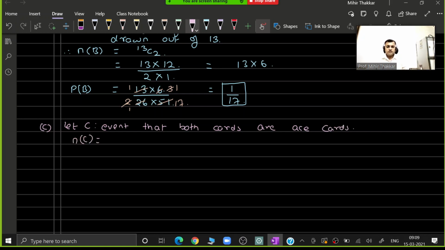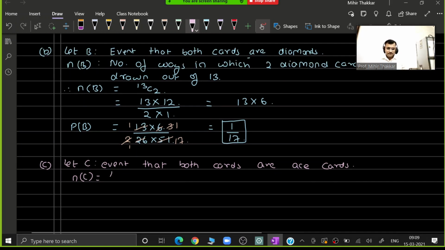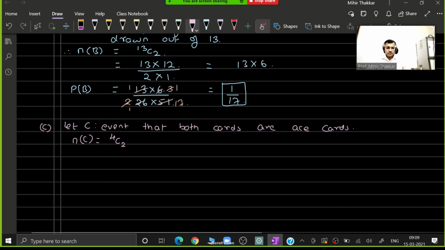N of C is equal to 4C2, because 4C2 is the number of ways of selecting 2 cards out of 4. So this becomes 4 into 3 upon 2 into 1. Let us just write it as 2 into 3.